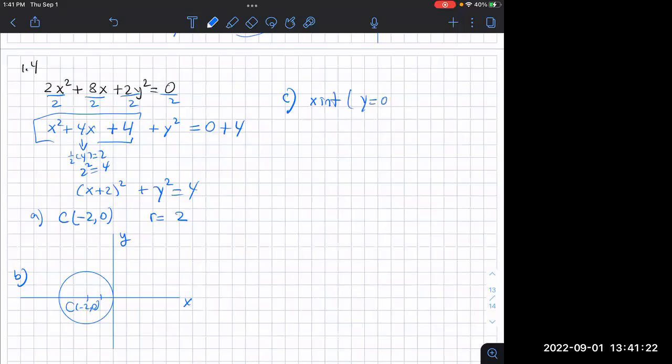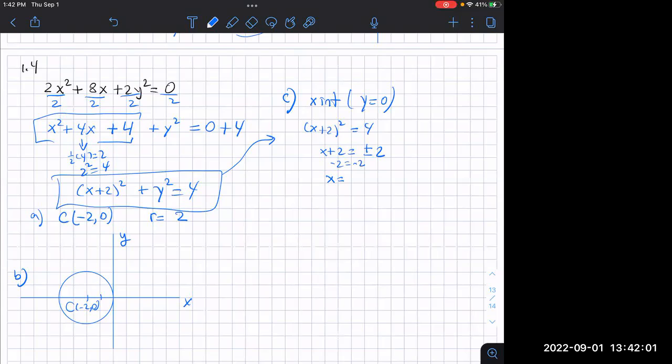For the x-intercept, set y = 0. So we go back to here and set y = 0. So I get (x + 2)² + 0 = 4. Solve for x. So x + 2 is plus or minus 2, and then we subtract 2 from both sides.